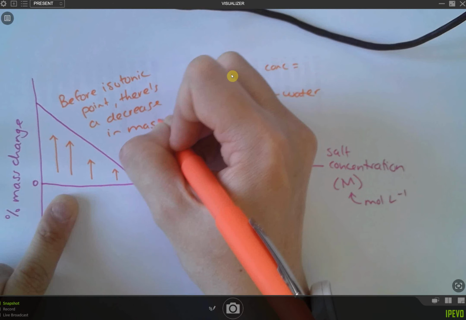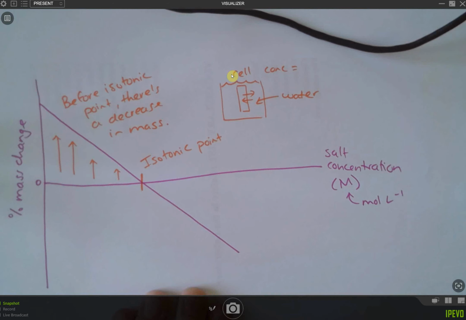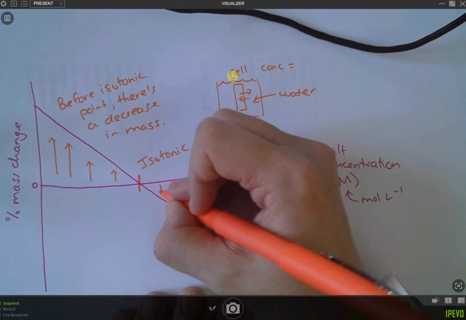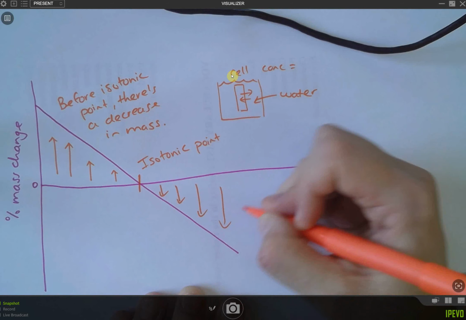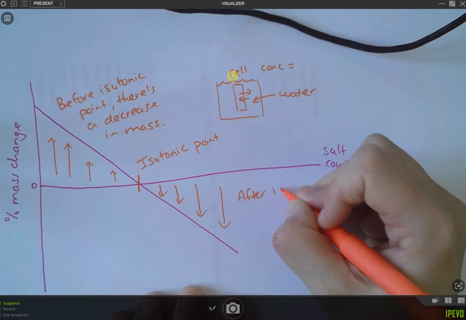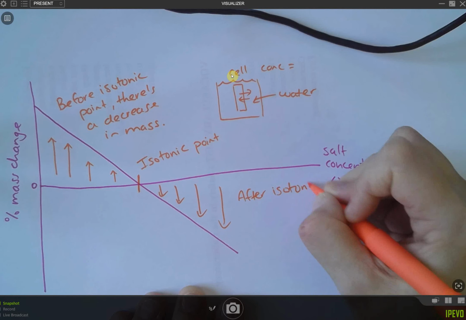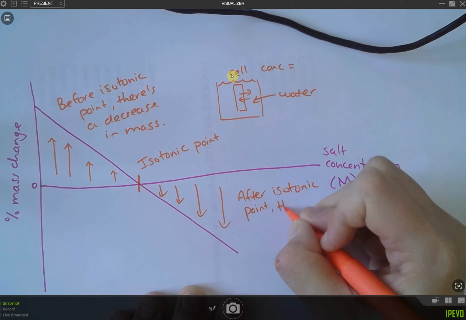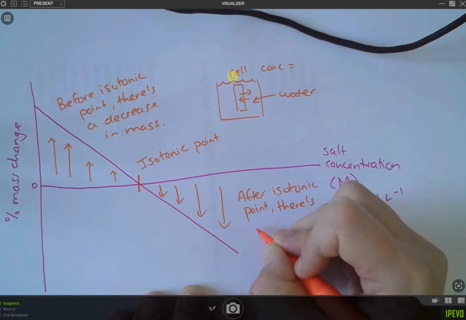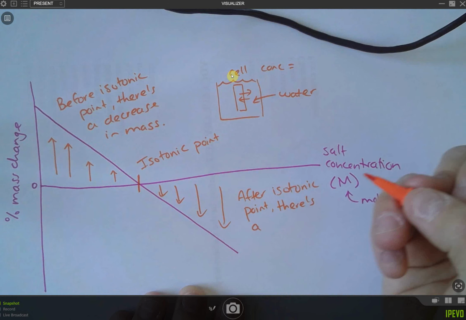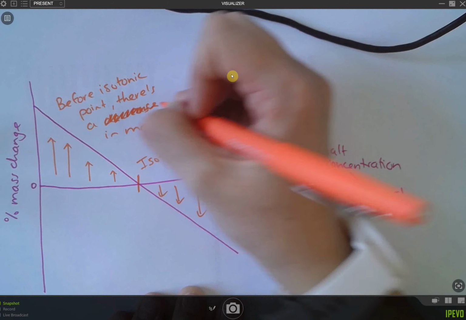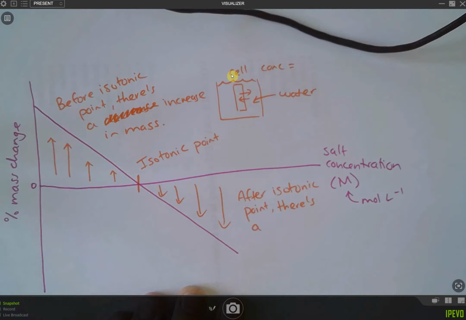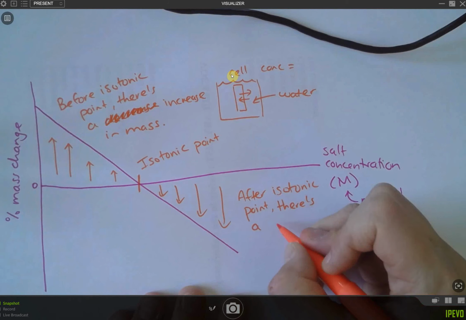And after the isotonic point, there is a decrease in mass. Oh, sorry, I wrote the wrong word here. That should be increase. There's an increase in mass before the isotonic point. After the isotonic point, there is a decrease in mass.